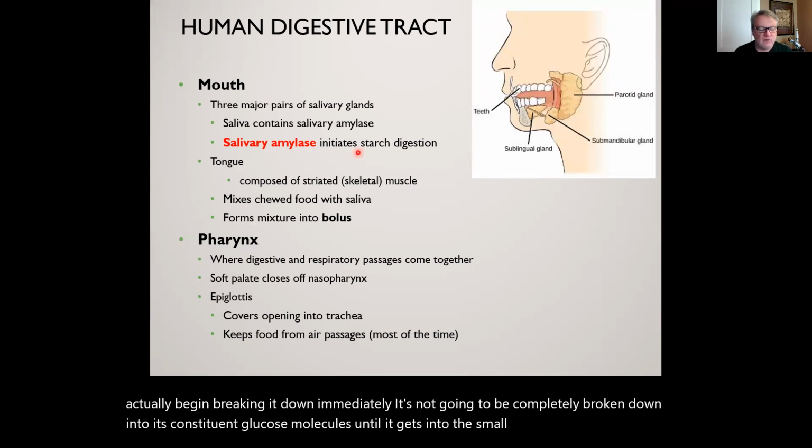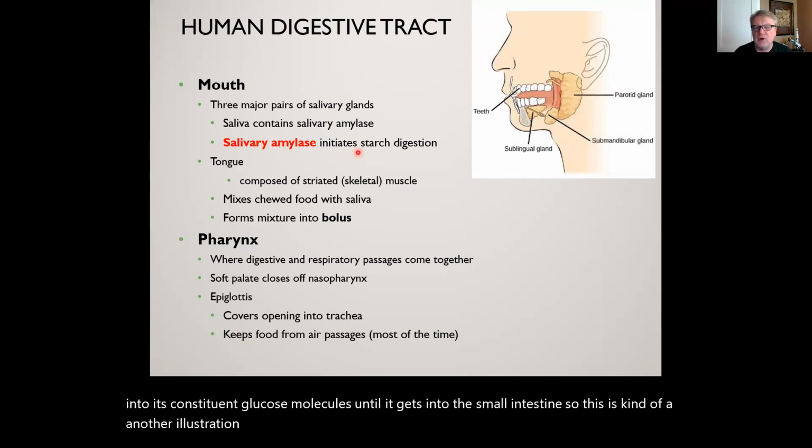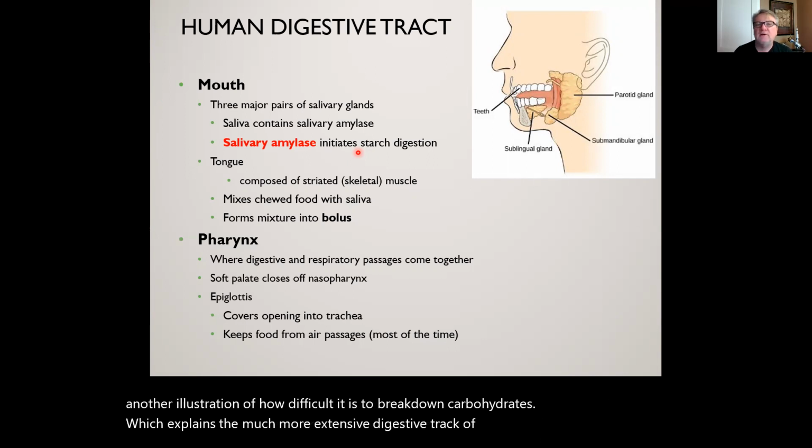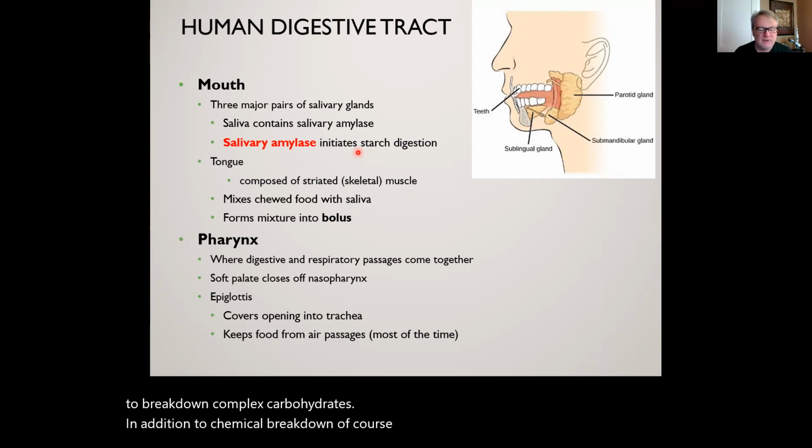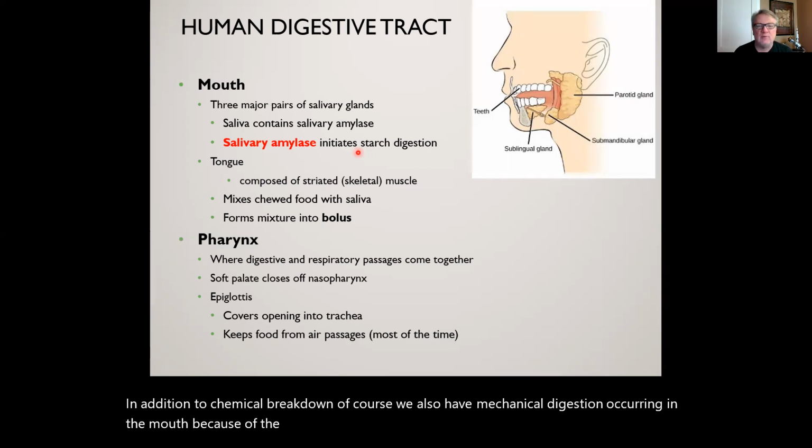So this is another illustration of how difficult it is to break down carbohydrates, which explains the much more extensive digestive tract of an herbivore because of the need to break down complex carbohydrates. In addition to chemical breakdown, of course, we also have mechanical digestion occurring in the mouth because of the teeth, which we have talked about before, but also the tongue, which is a muscular structure.